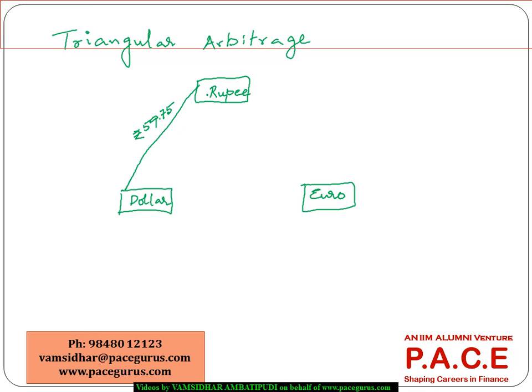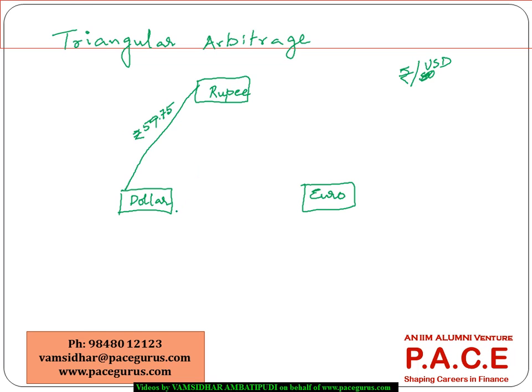So when I am converting my rupees into dollars as an investor, I have to get it converted at the rate of 59.75, because here the quoted rate is rupee to dollar. So I want to sell off my rupees. The price currency is what I want to sell, so I will sell the price currency at the ask rate.